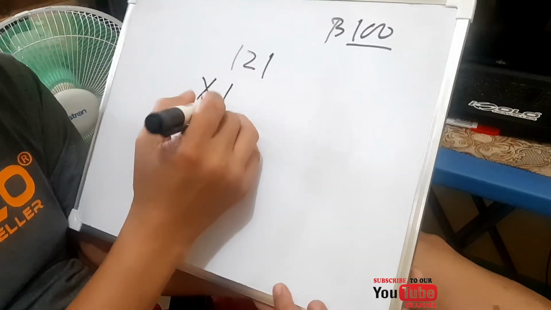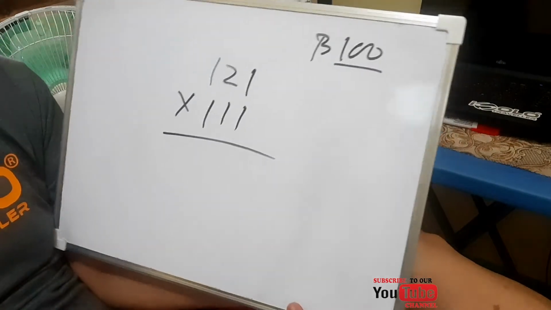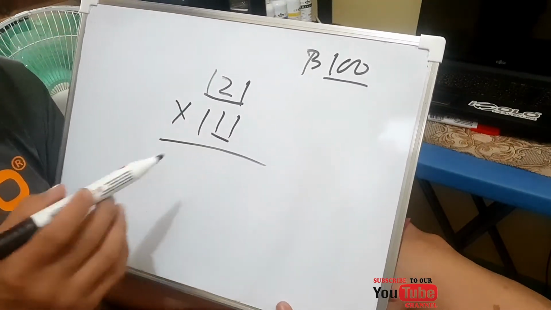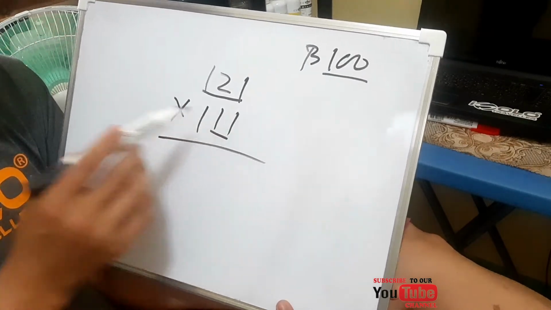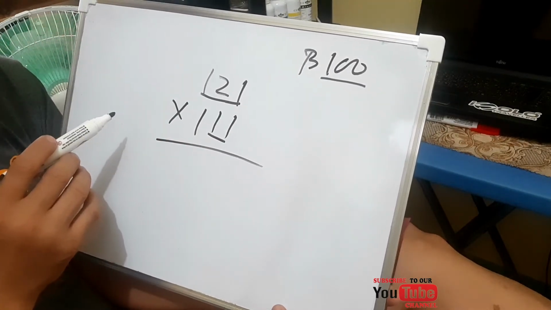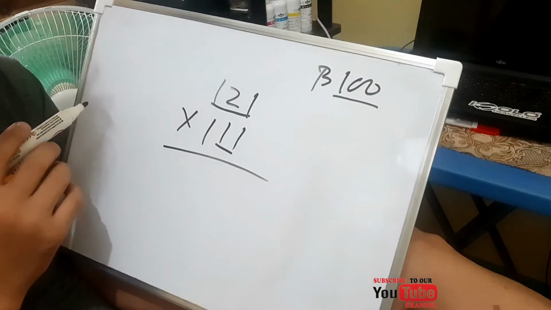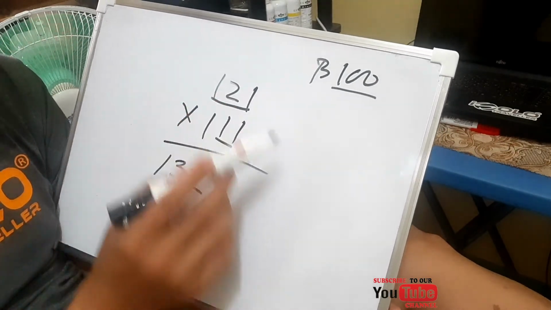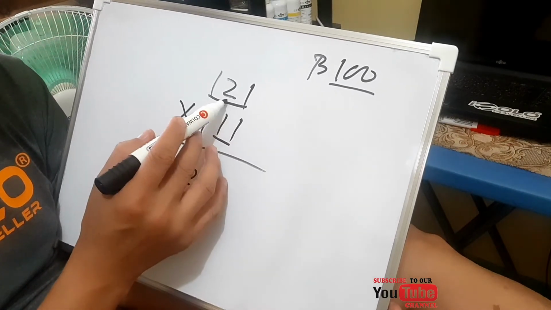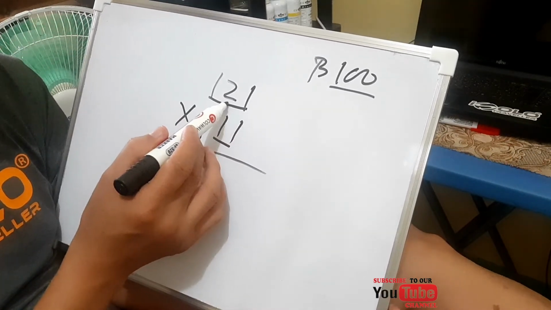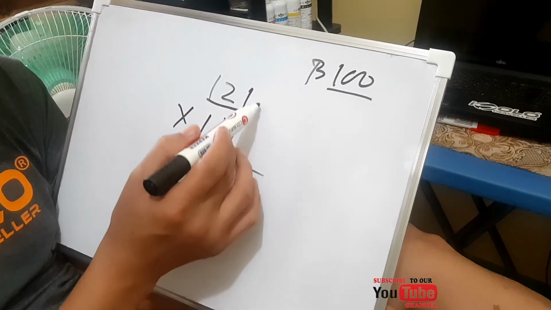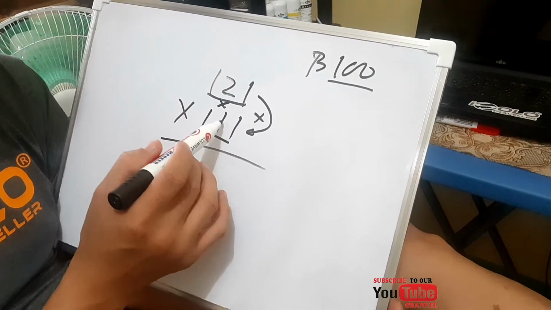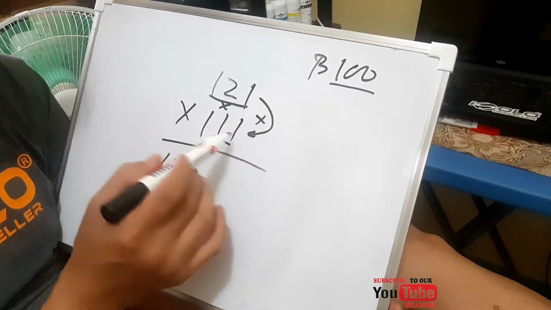121 times 111. Okay, you can answer this in a few seconds. Add this to the entire number here. 121 plus 11 is 132. Right? 132. Okay, remember, multiply these together: 21 times 11.